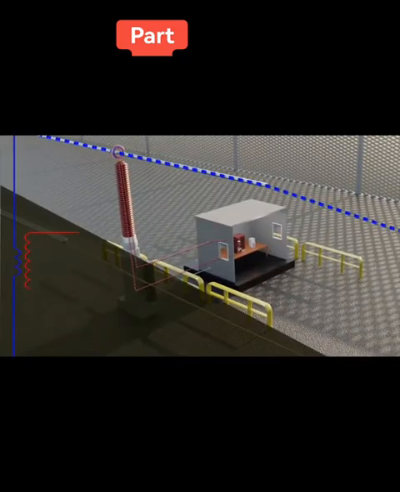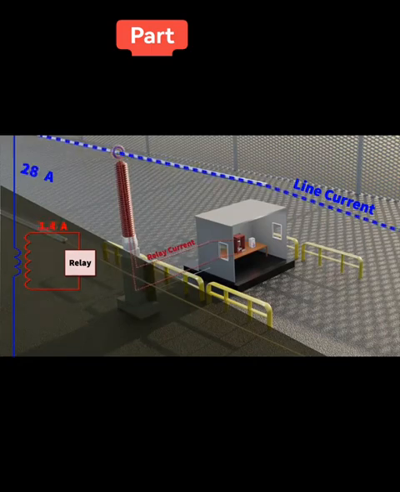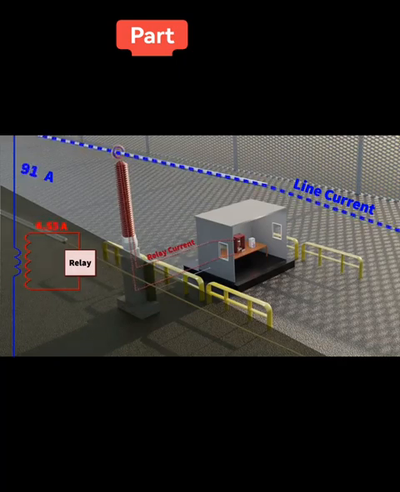This secondary CT current is fed straight into the relay and has a direct effect on its operation. We'll go into more detail on the relay later. In the case of 100 amps flowing, as you can see on the video, there will be 5 amps on the CT secondary inside the relay.